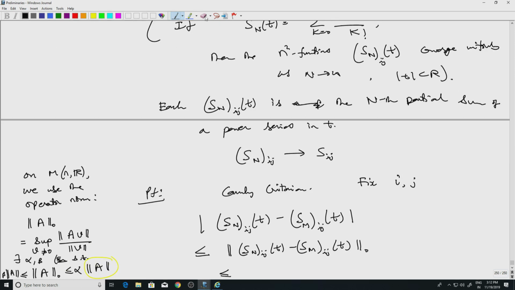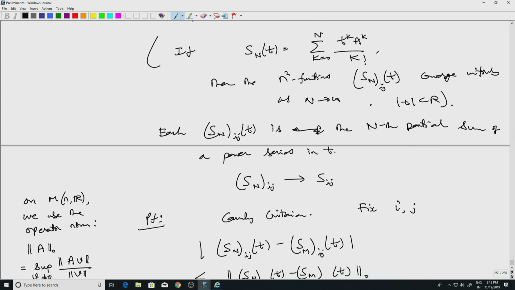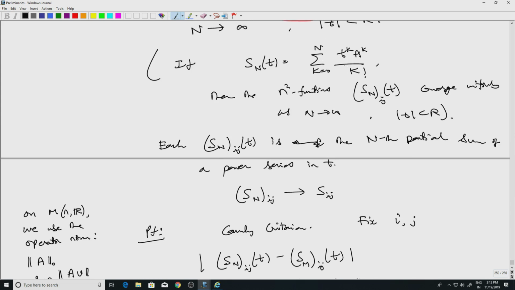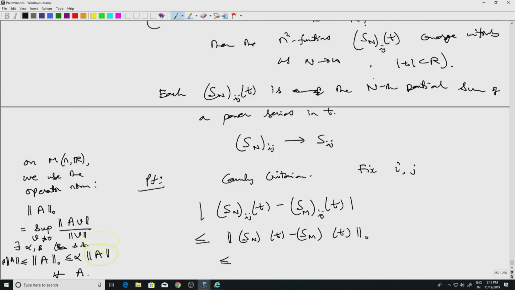Actually, sorry, here there's no ij. I'm looking at the full matrix. Now the partial sum Sn(t) is given by this, so I'll use the triangle inequality and take the norm inside the sum sign.